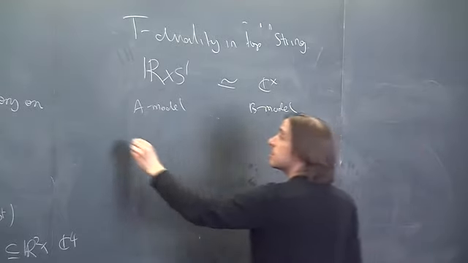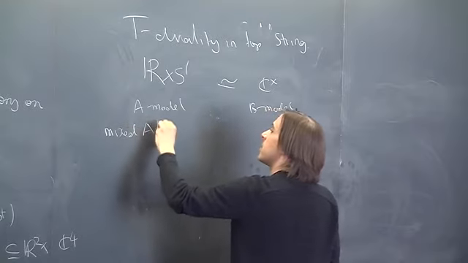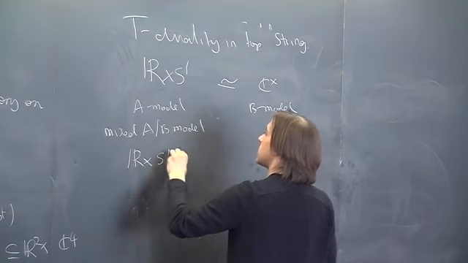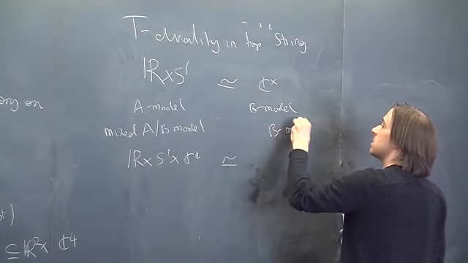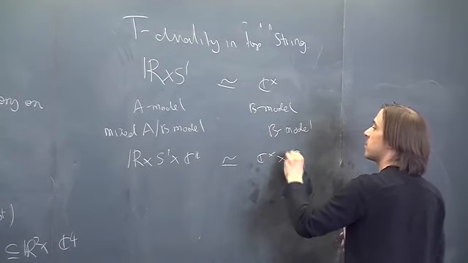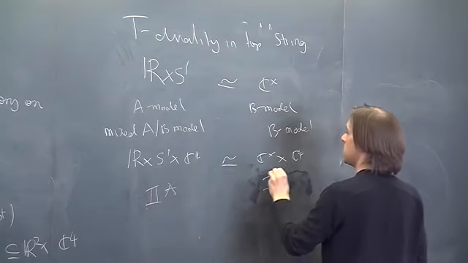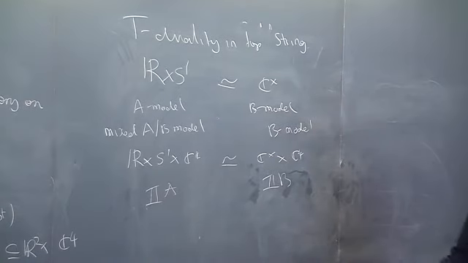So this implies that the mixed A-B model on R times S1 times C4 is going to be equivalent to the B model on C star times C4. And here we have 2A, and here we have 2B. So the setup we've described is indeed compatible with T-duality as you would expect it to be. Okay, stop there.